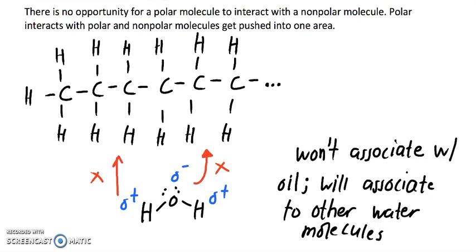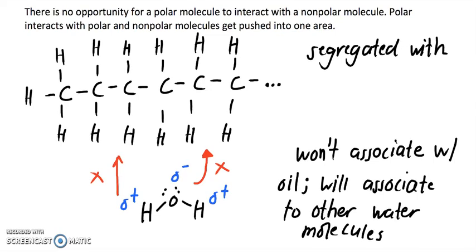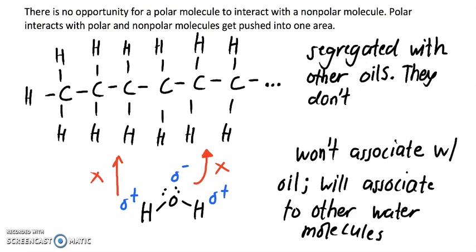And then these oils up here, these other pieces, they're going to get put off into one area. They're going to get segregated with other similarly structured compounds, with other oils. And this is fine because they don't repel each other, so they're fine being next to each other.